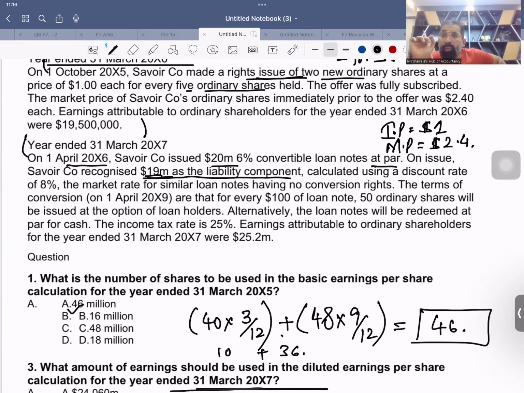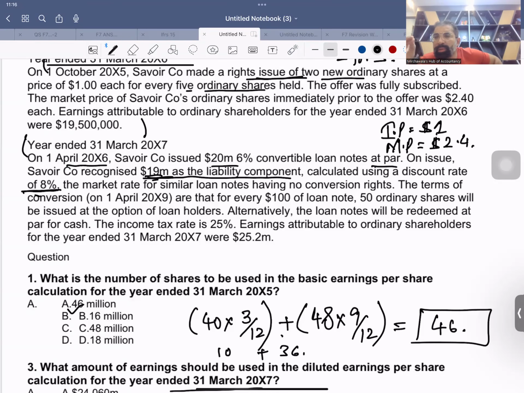But whatever goes in the income statement, listen very carefully: the expense is this liability element multiplied by the market rate, because now you have done IFRS 9.